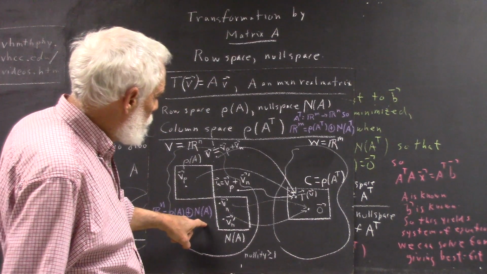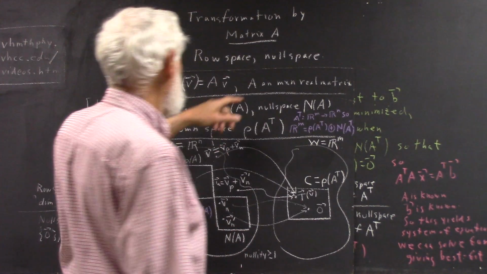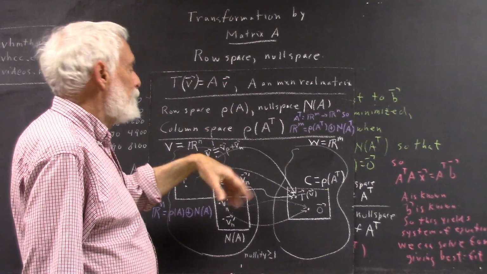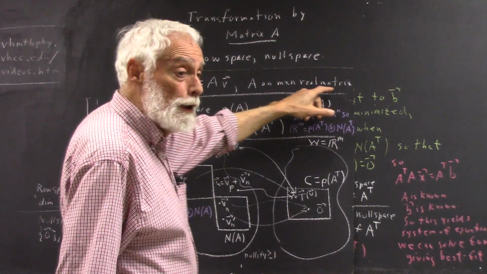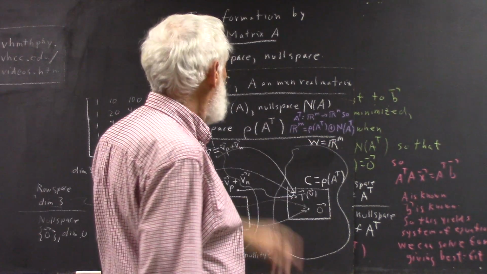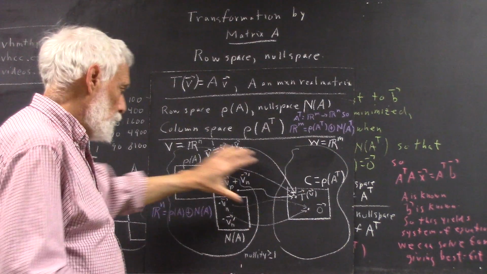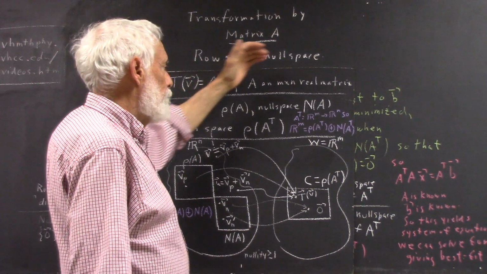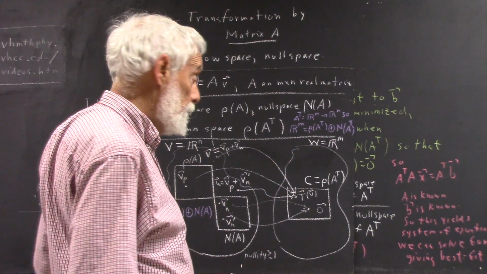In a similar manner, A transpose is an n by m real matrix. In the same way, with all the same arguments, totally irrelevant to anything that happens over here, A transpose is a mapping from Rm to Rn.